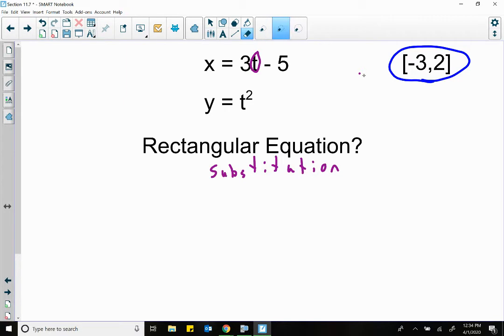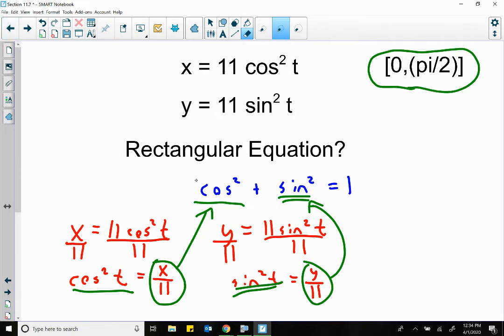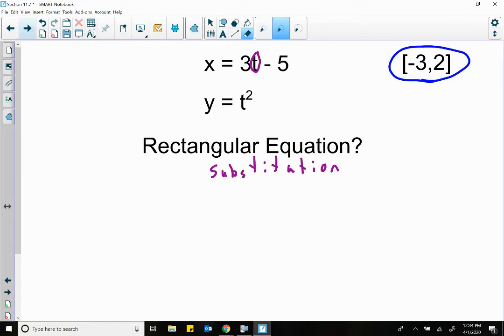So we're going to take the x coordinate piece here and plug that into the y. Before, we used the Pythagorean identity, cosine squared plus sine squared equals 1, but in this one, we're going to do substitution.